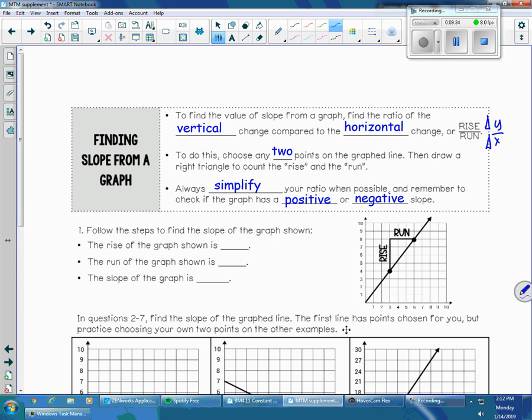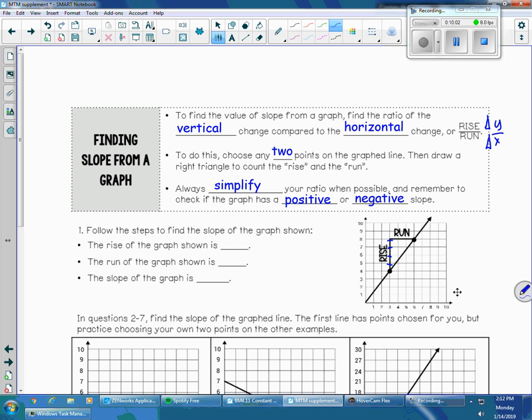Now, looking at this one over here, we're going up and to the right, so that's going to be a positive slope. So the rise of our graph from this point to this point, and what I'm doing is I'm counting, like if this were a road map again with our north-south and our east-west streets, I'm counting how many blocks I'm going up before I turn the corner and I go to the right. So I'm going up. Here's 1, 2, 3, 4.